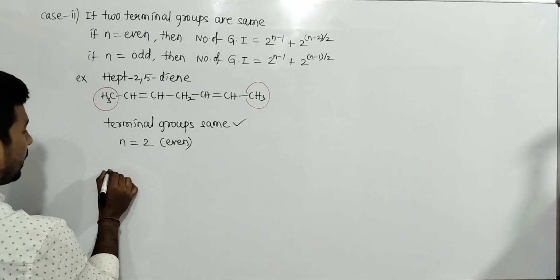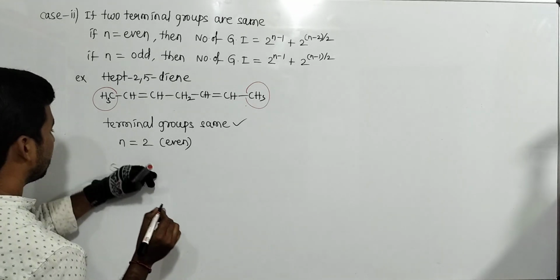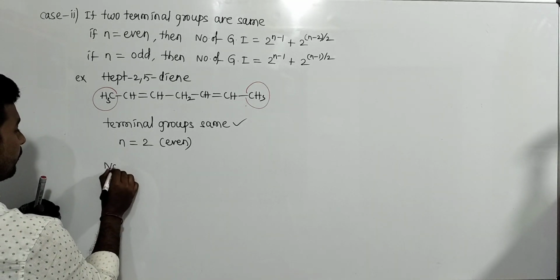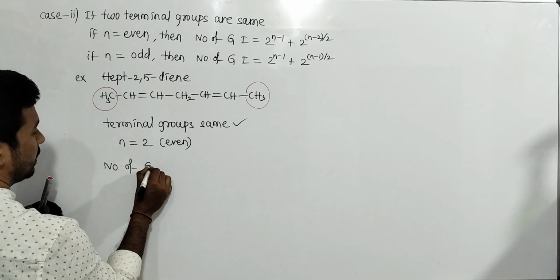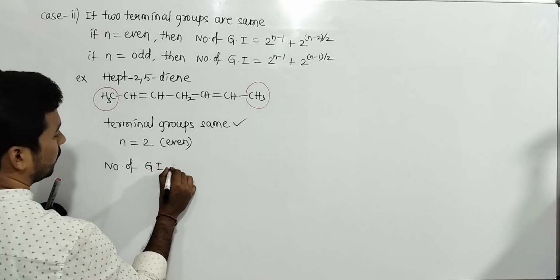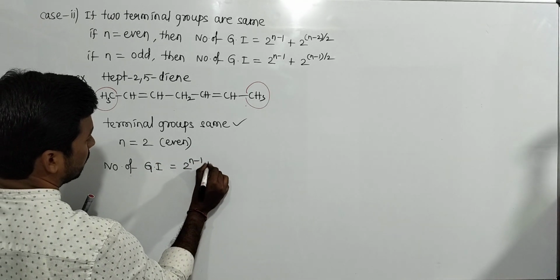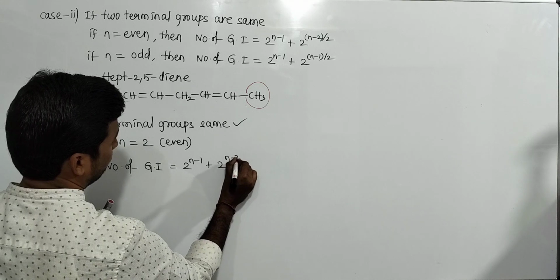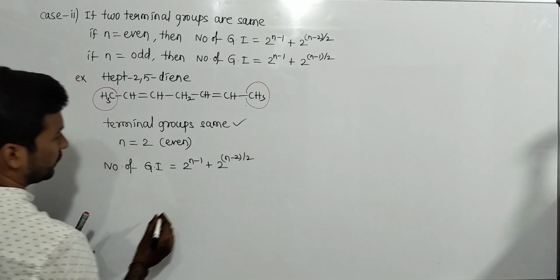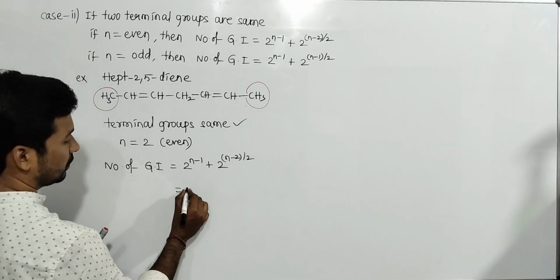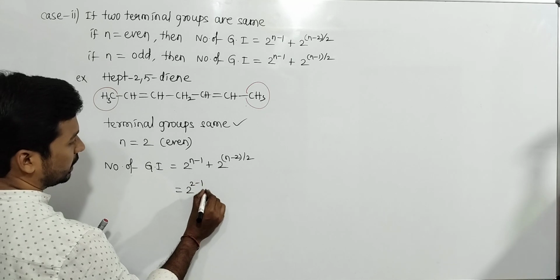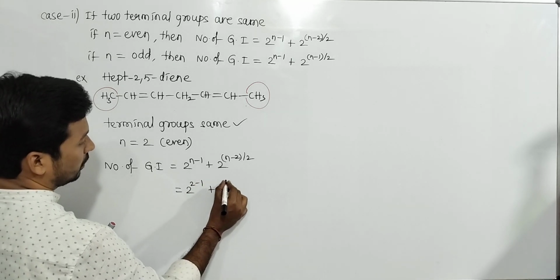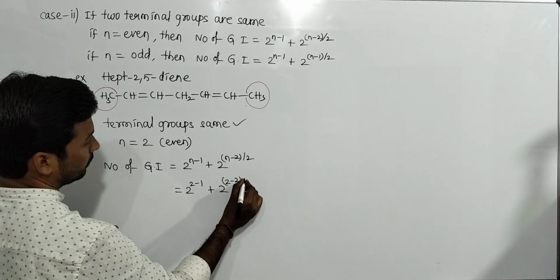So which formula? Number of geometrical isomers is equal to 2 power n minus 1 plus 2 power n minus 2, by 2. n is equal to 2. Substitute: 2 power 2 minus 1 plus 2 power 2 minus 2, by 2.